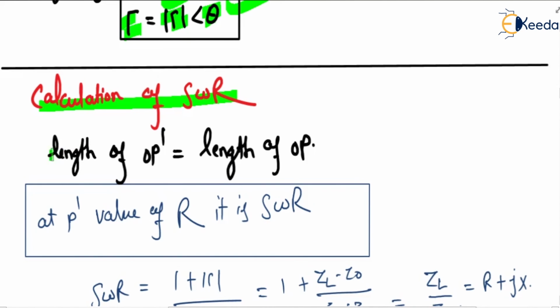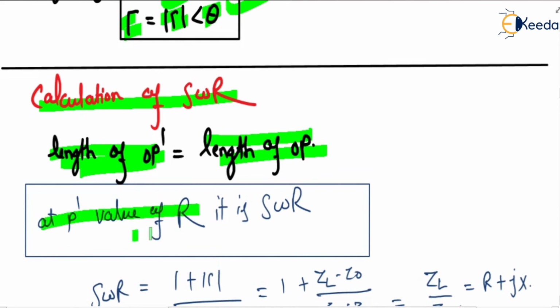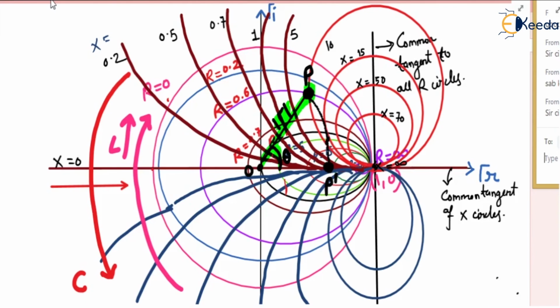Calculation of standing wave ratio. We have to locate a point P dash on the gamma real axis such that the length OP dash is equal to the length OP. So at P dash, the value of R is the standing wave ratio. With the help of a compass, we project this point P onto the gamma real axis here. This point is P dash.